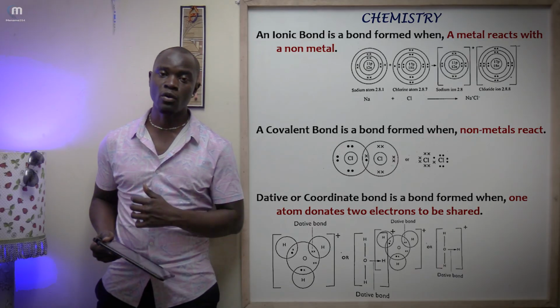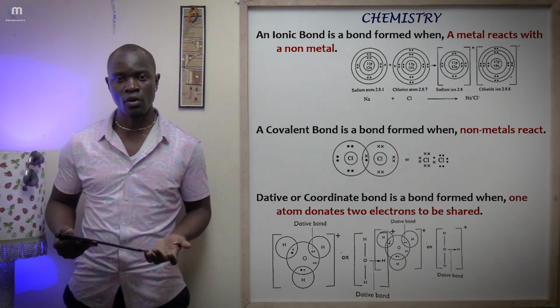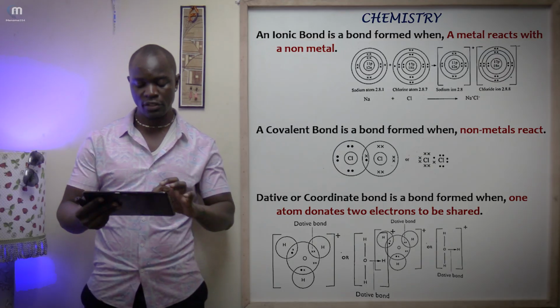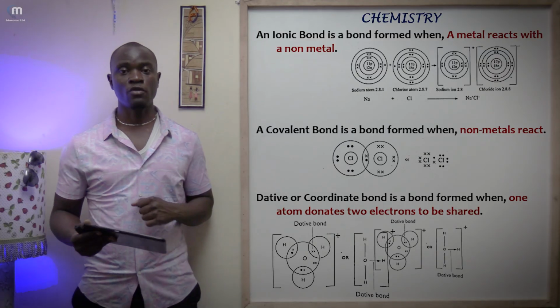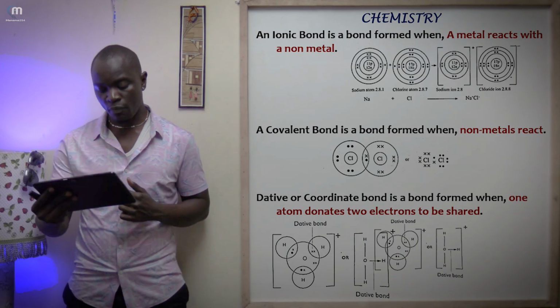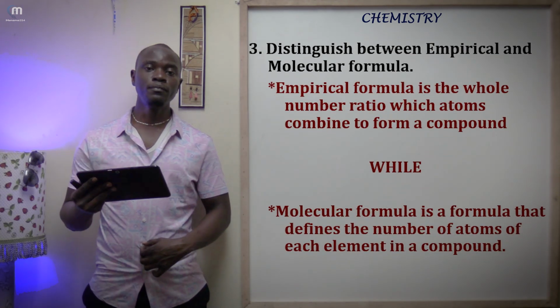Apart from that, we went through molecular bond, metallic bond, hydrogen bond, etc. So you can briefly review the previous lessons you have just done on this topic of structure and bonding, then you're good to go.